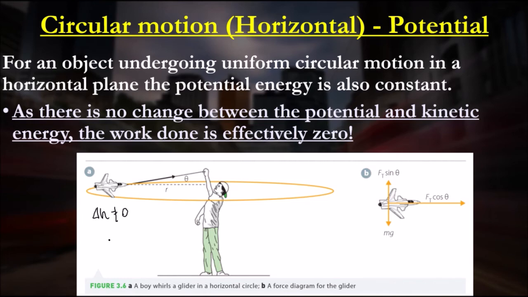If there's no change in height, that means there's no change in gravitational potential. If there's no change in gravitational potential, there is no change in kinetic energy, which means there is no work being done on this system in this scenario. Okay.